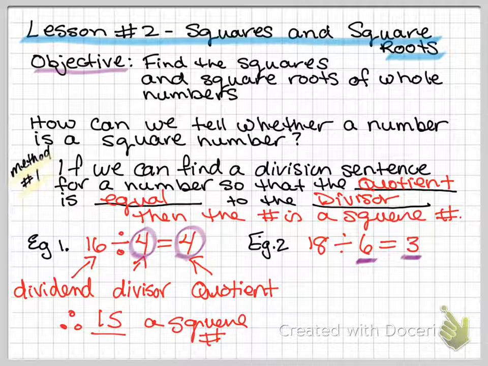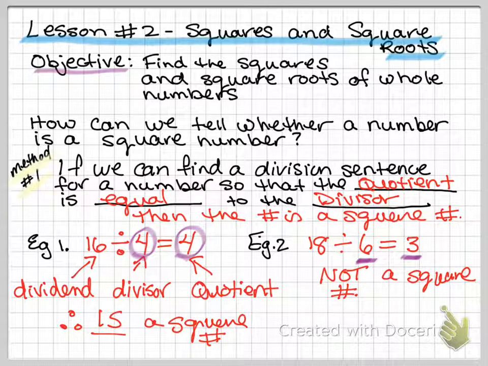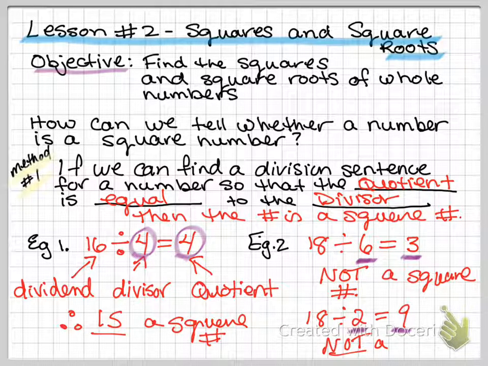So this one is not a square number. And if 18 has more than just that factor, I can go 18 divided by 2, which equals 9. Again, 2 and 9 are not equal. So this again is not an example of a square number.